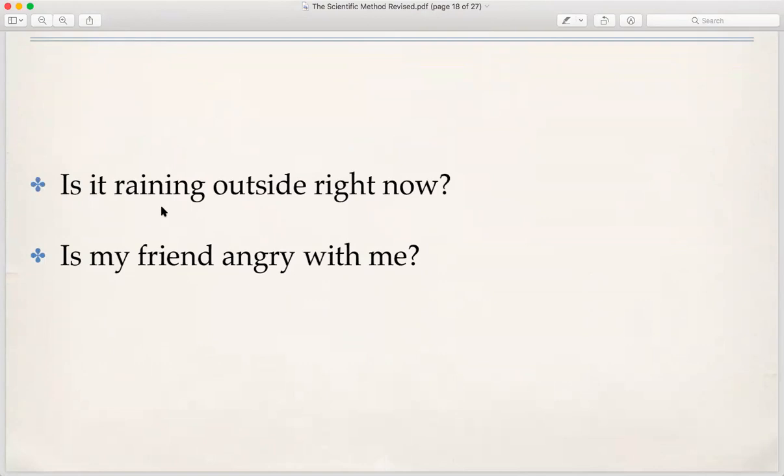So is it raining outside right now? And let's say you guess yes. What do you guys think is a prediction of that? How could you test that guess?